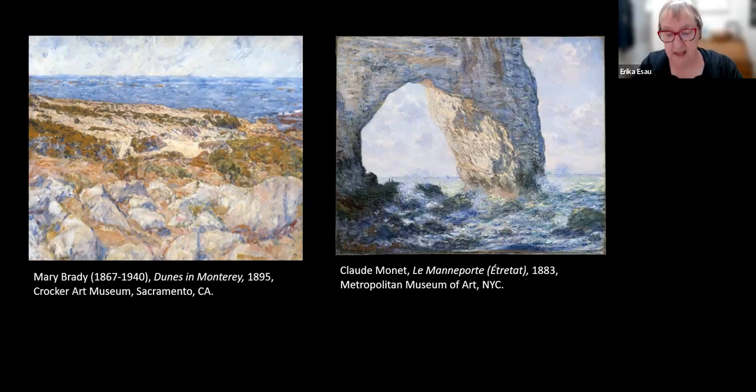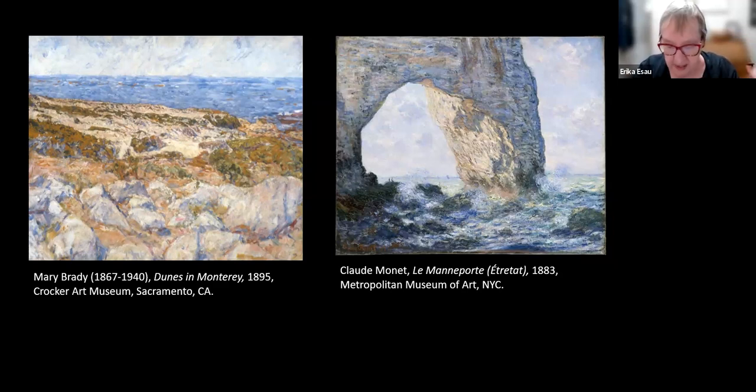Mary Brady came from Ireland to California in 1880. She was the first California woman artist to spend significant amounts of time in Giverny, France, where she both studied and modeled for fellow American artists. And of course, Giverny is where Monet was in residence for quite a long time.